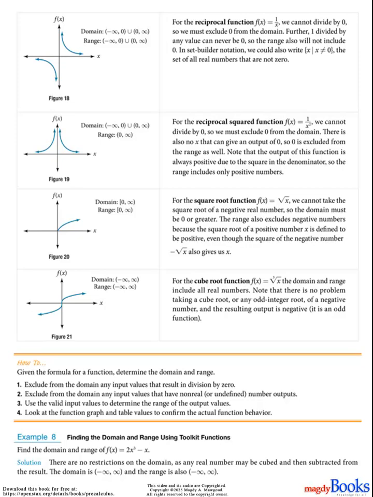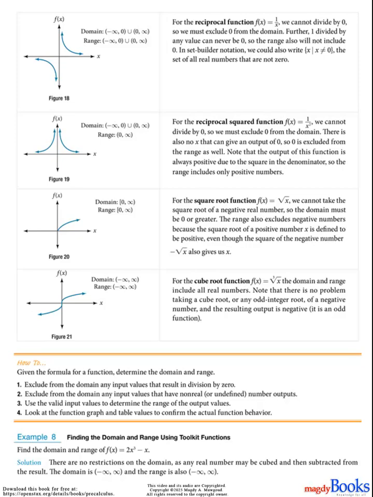Figure 19. f(x) = 1/x². Domain: (-∞, 0) ∪ (0, ∞). Range: (0, ∞). For the reciprocal squared function, f(x) = 1/x², we cannot divide by 0, so we must exclude 0 from the domain.